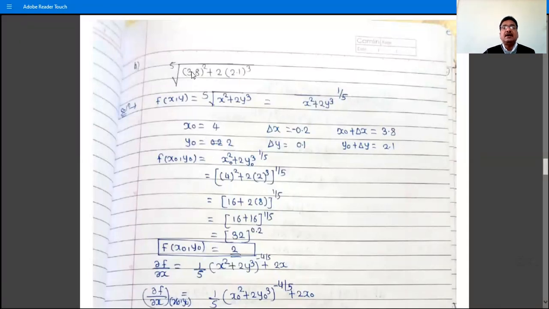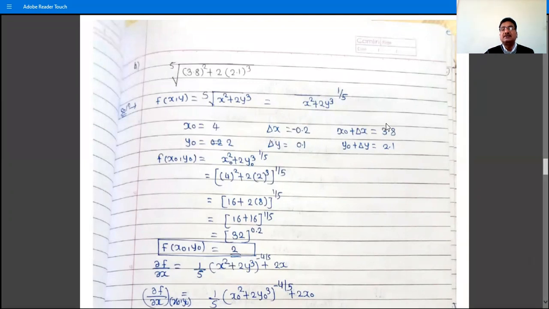And then take x naught as the nearest integer to 3.8. So the nearest integer to 3.8 is 4. Take delta x such that x naught plus delta x is 3.8. As x naught is 4, delta x is minus 0.2, because the addition of 4 and minus 0.2 is 3.8.